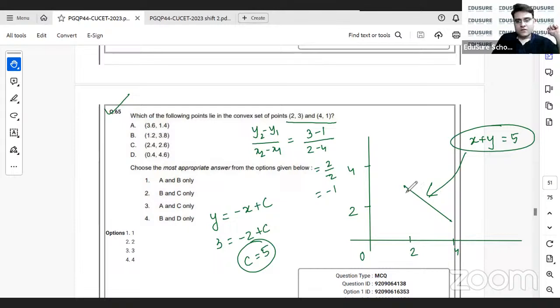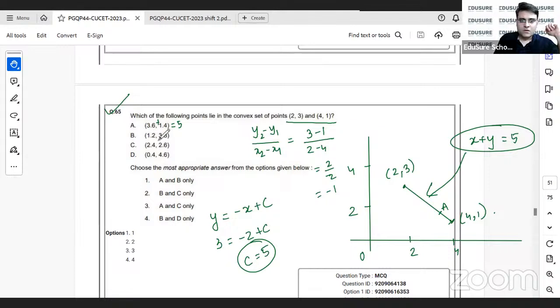This is the equation of this line. Now, we start at 2, 3 and we end up at 4, 1. Okay. Now, 3.6 and 1.4 add up to 5, and obviously 3.6, 1.4 will lie somewhere on the line here.